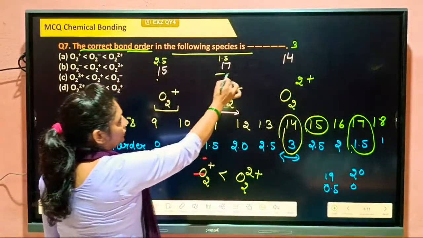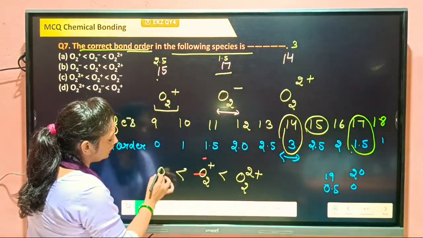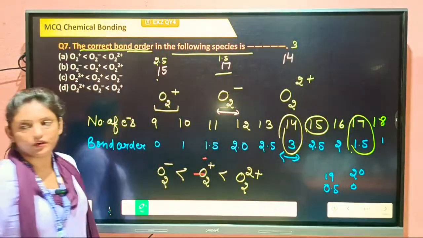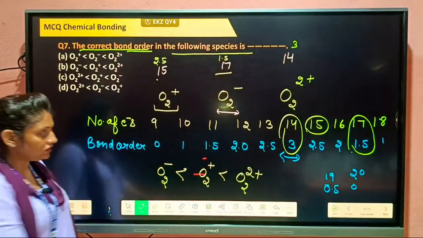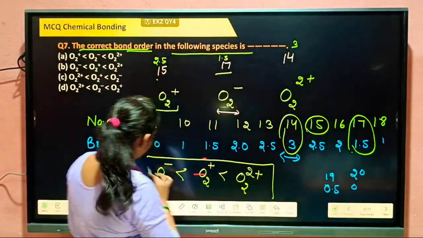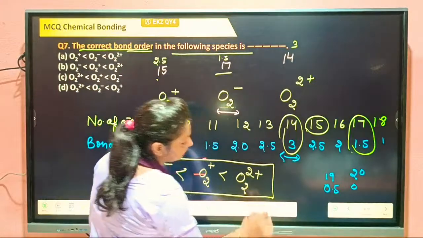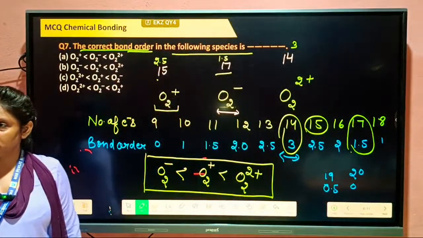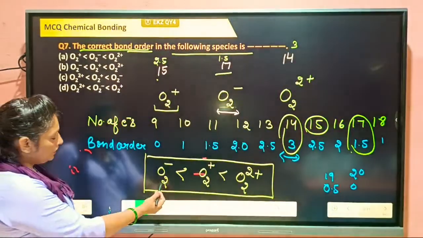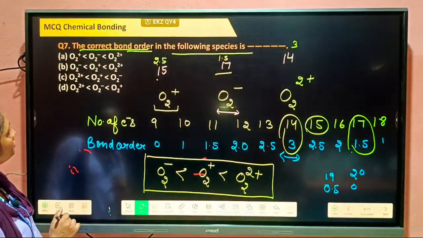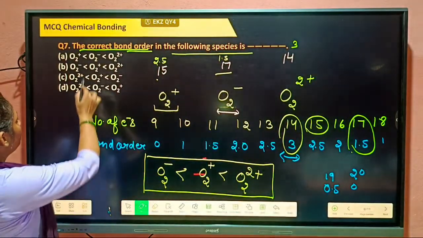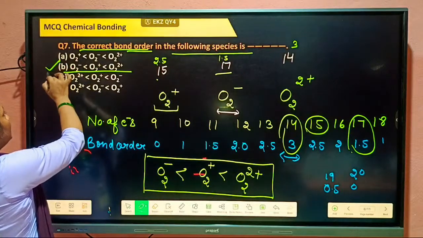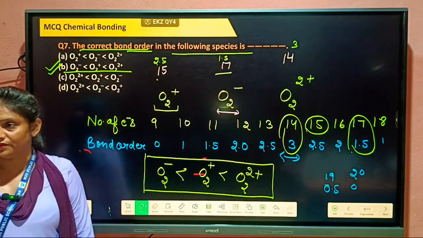And then O2 negative, it is 1.5. So this should be the order. Clear or not? So see, do you have any option here or not? Which one is it? Option B is the right option for this question.